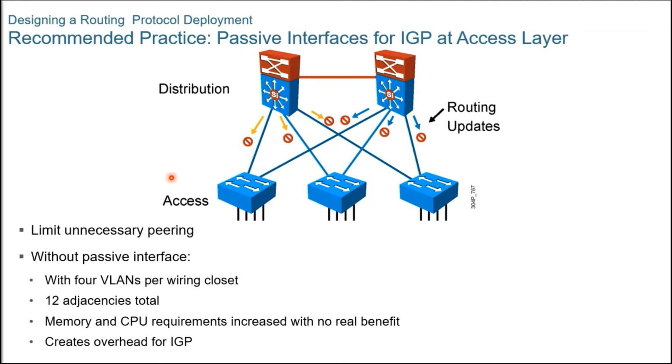Therefore, the interfaces on the distribution layer devices towards the access layer should be configured as passive interfaces under the routing protocol configuration. This suppresses the advertisements of routing updates for that routing protocol on those interfaces.